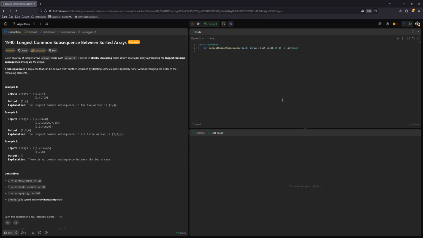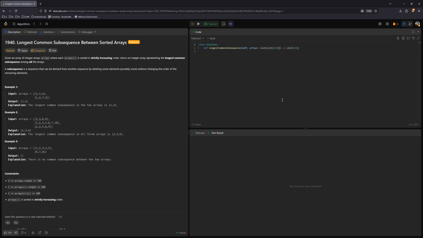Given an array of integer arrays where arrays I is sorted in strictly increasing order, return an integer array representing the longest common subsequence among all the arrays. A subsequence is a sequence that can be derived from another sequence by deleting some elements, possibly none, without changing the order of the remaining elements.